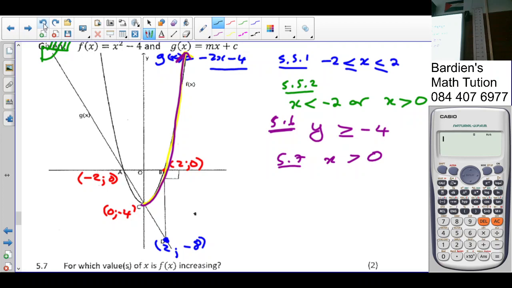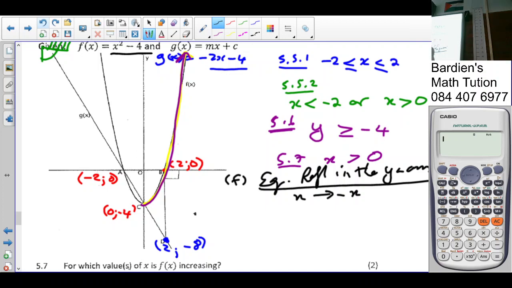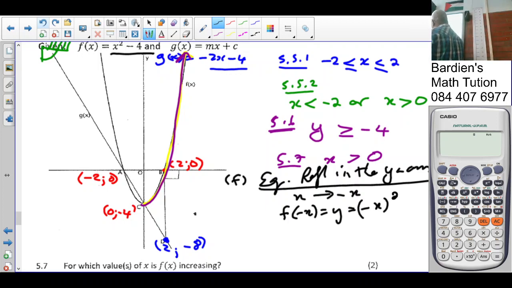What if the question was, what is the equation of the reflection in the y-axis? What's the rule if something is reflected in the y-axis? X becomes negative. So f of minus x equals y equals negative x all squared minus 4.